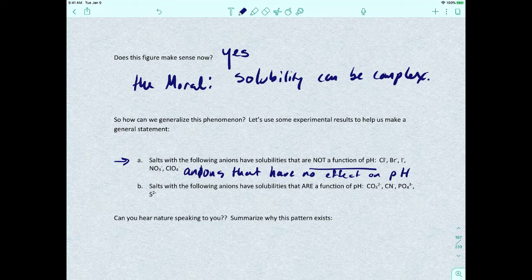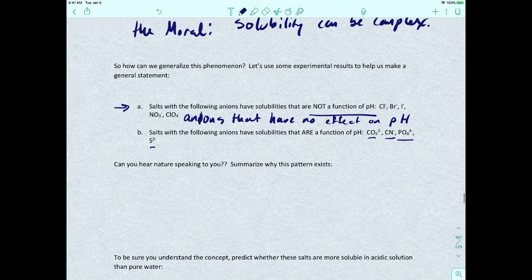Now we also have salts with the following anions that have solubilities that are a function of pH. You have carbonate ion, cyanide ion, phosphate ion, and sulfide ion. Can you hear nature speaking to you? Let's see what the patterns are. For part A, we're looking at anions that are ignorably weak bases.